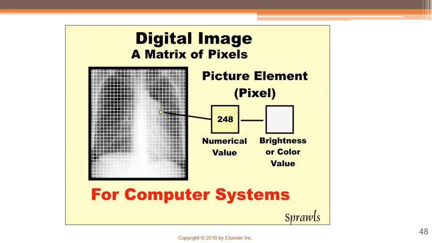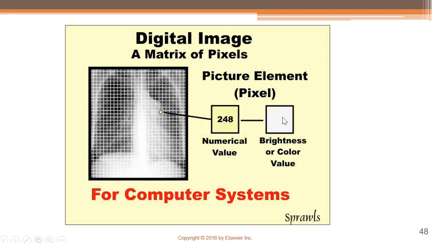So I've just said that a while ago, but at the time of viewing, there is a relationship between the pixel's numerical value and its brightness. So every pixel has a specific brightness to it. So it can be anywhere from white to black, any of those varying shades of gray.